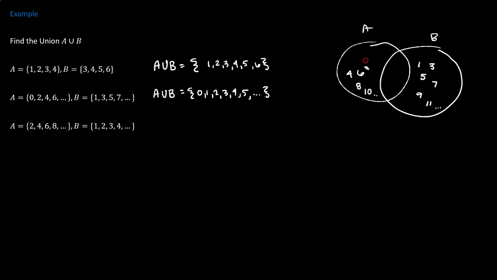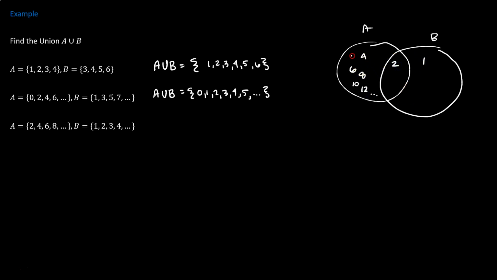We have two more sets to try here. Set A has the even numbers. Set B has all of the positive counting numbers. So let's do set A, 2, 4, 6, 8, 10, 12, etc. Set B has 1, 2.